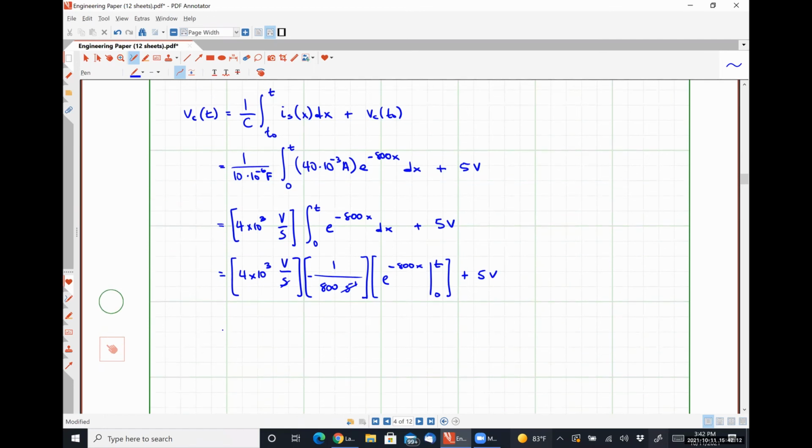So what happens when we divide 4,000 by 800? 5, all right? So we're going to have negative 5 volts. What happens when we evaluate e to the negative 800x at t? We just get e to the negative 800t.